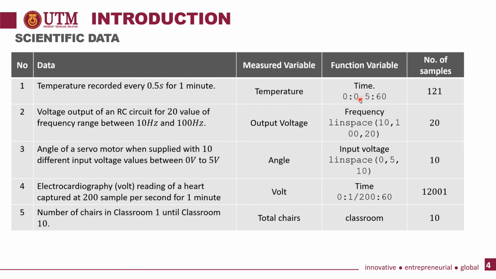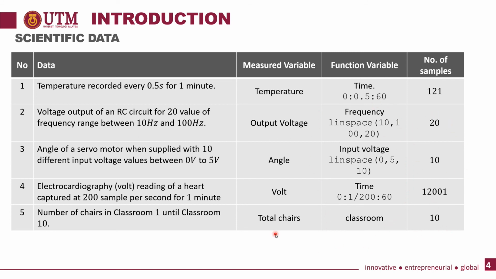When you measure all of those samples, you will get a total of 121 samples. You can take this as an example to improve your understanding, and observe what the measured variable is, how the function variable is executed, and what the number of samples is.